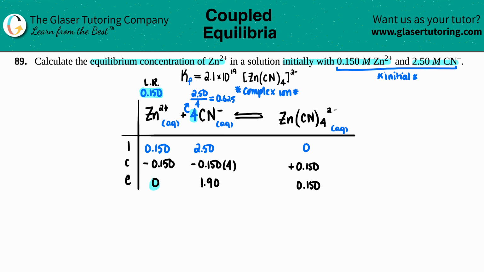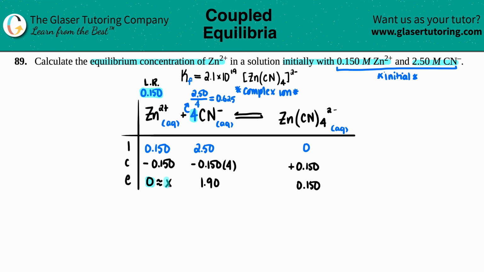Okay, now here's another problem, right? I have a 0, I have a 1.9, I have a 0.15, and I have a K value. Where's the variable? Well, here's the assumption that when we subtracted these, we get nothing left. However, they're asking for an actual equilibrium concentration, so there has to be something left. So we can say that this value is so close to what the actual equilibrium concentration is.